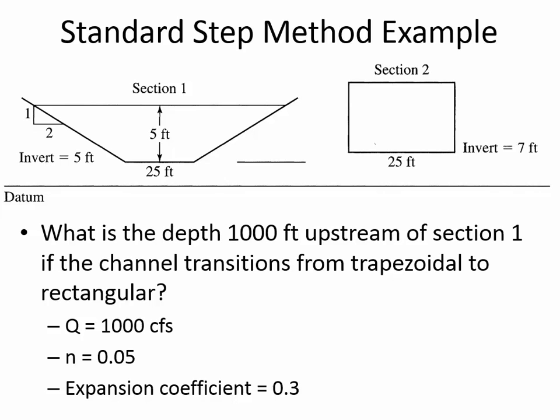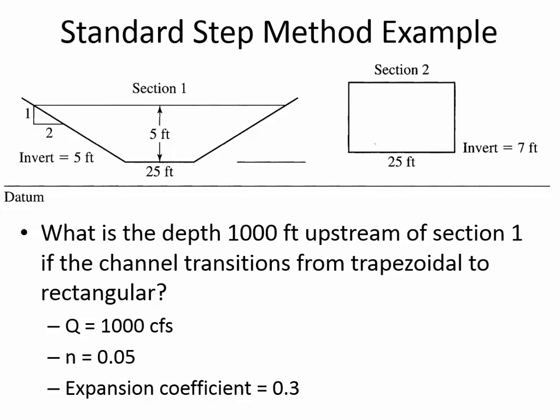is equal to 1.49. The 1.49 is the conversion factor we use when we're working with the British gravitational units. And then we have area to the 5/3 and perimeter to the 2/3, and slope to the 1/2.